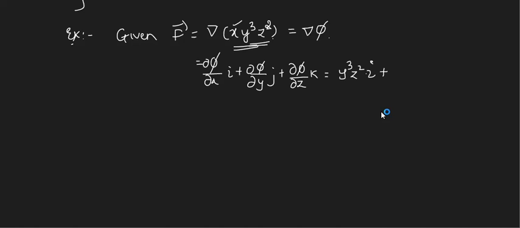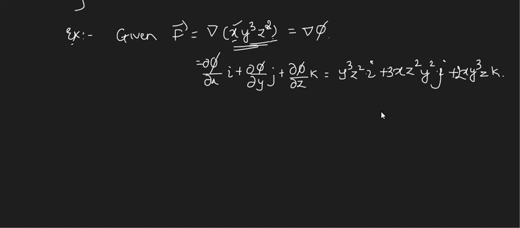Phi with respect to y: x z square is constant, and the derivative of y cube is 3y square. With respect to z, x y cube is constant, and the derivative of z square is 2z.